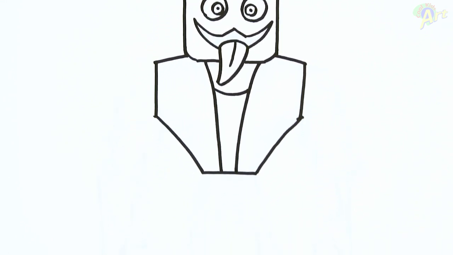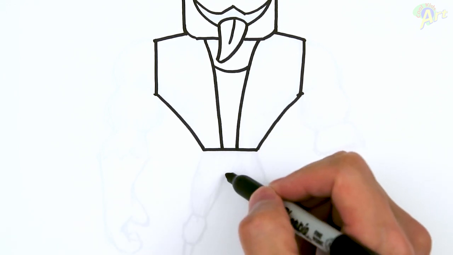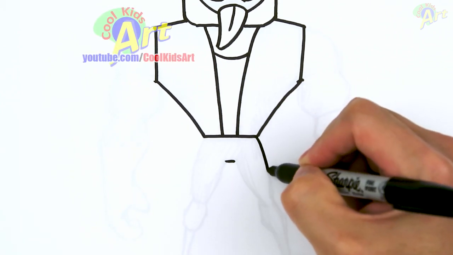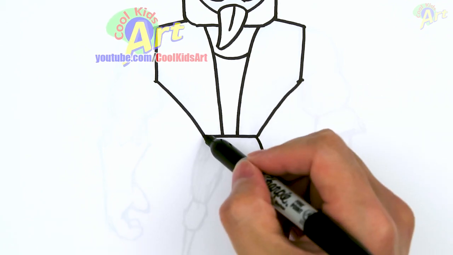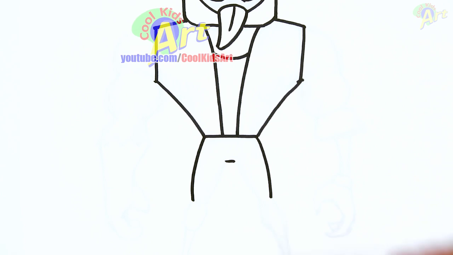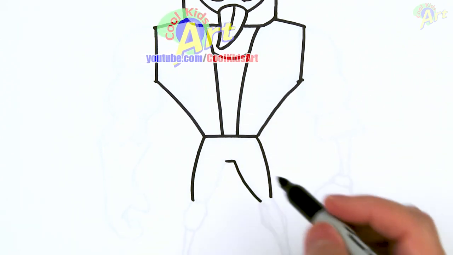Alright, so for this one, let's go ahead and finish up the legs first, because the arms are really big. Alright, so right in the middle right here, just come down, draw a little line. Start on the side here, just bracket down. And then on the inside, same thing, just kind of pinch it in. This is going to be his knee.